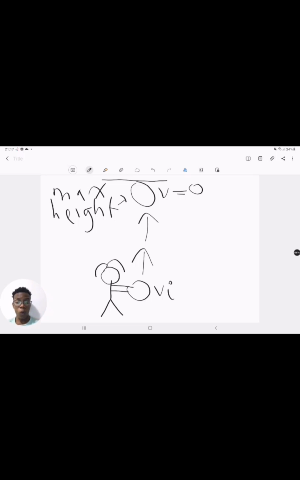So even though the ball is moving upwards, the acceleration, the gravitational force, is pulling it downwards towards the earth. So the ball has reached its maximum height. As it's reached its maximum height, it wants to change direction and come back to you. When it wants to change its direction, the velocity is 0. Now, when it starts coming back to you, the velocity starts increasing from 0 to a bigger negative number, right?